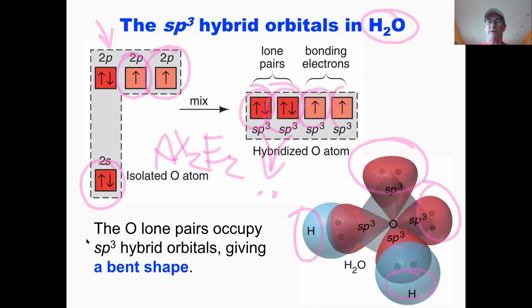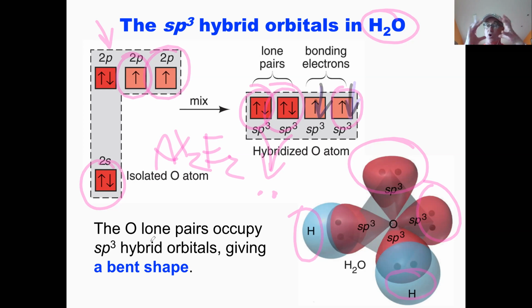And the ones that only have a single electron in them, those will be bonded to hydrogen. 1 hydrogen will bond here, and the other will bond there. Those are the 2 hydrogens. And so you get this shape.